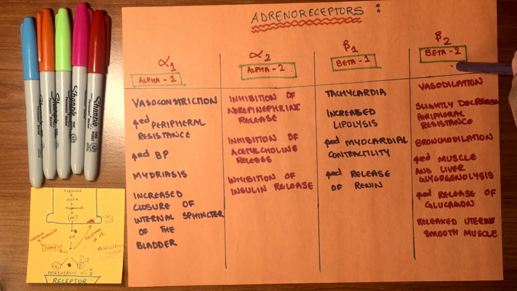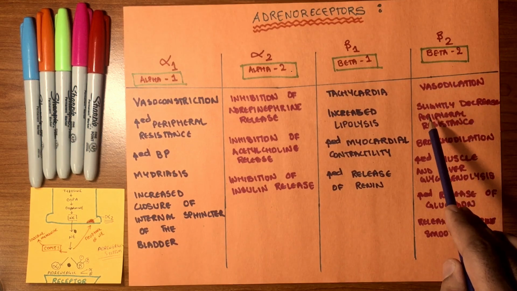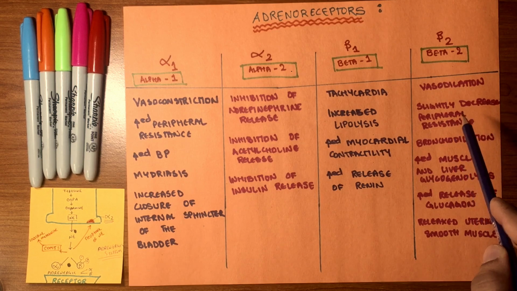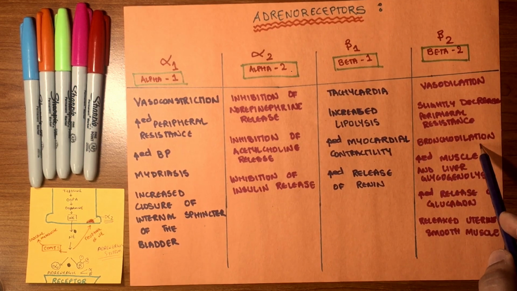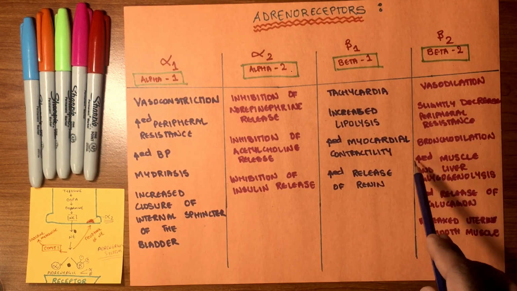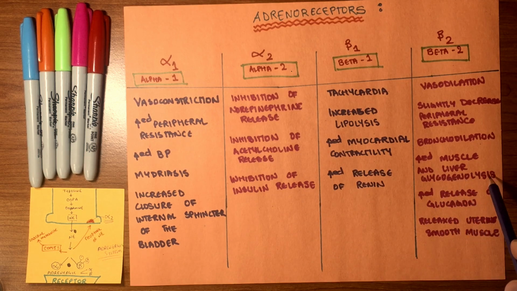While beta 2, on the other hand, causes vasodilation. It also slightly decreases the peripheral resistance, slightly decreasing the blood pressure. Bronchodilation. The respiratory muscles are also dilated. Increased muscle and liver glycogenolysis. This means there is an increase in the sugar in the blood streams.